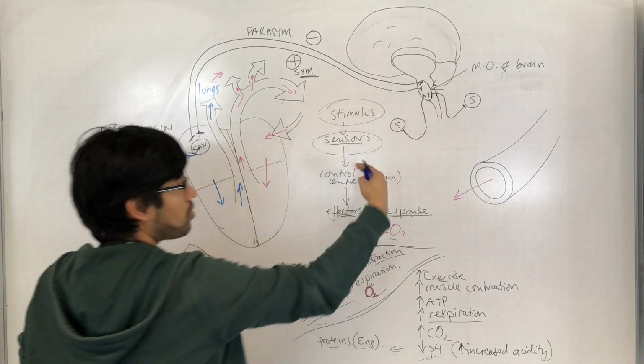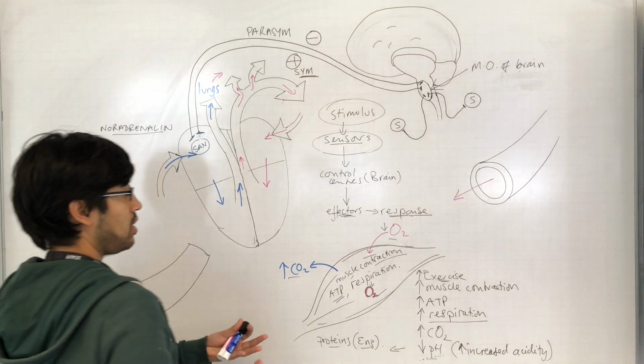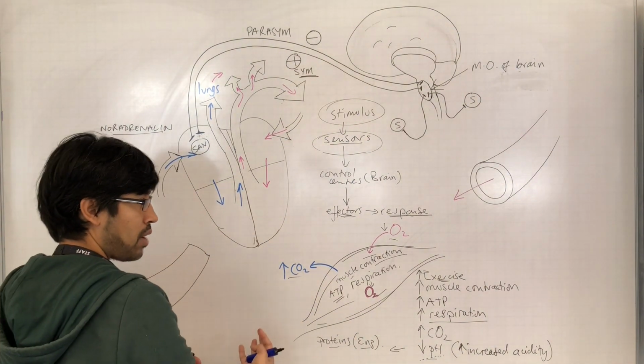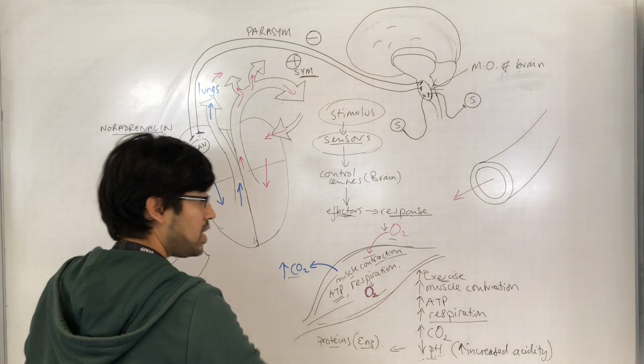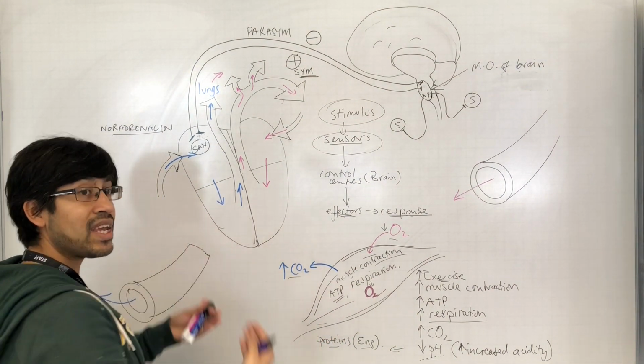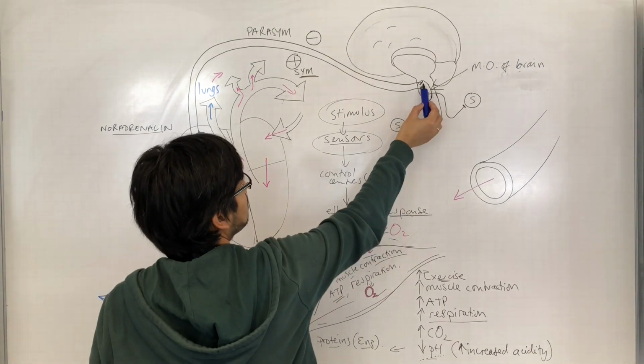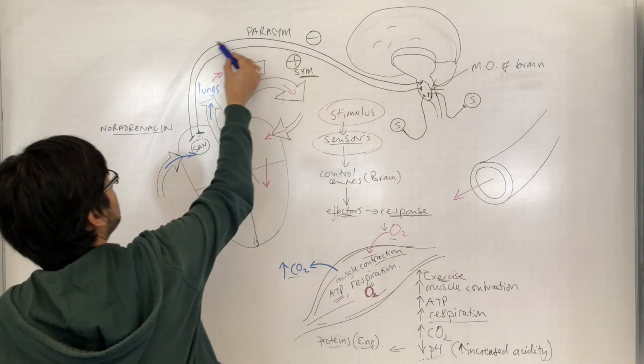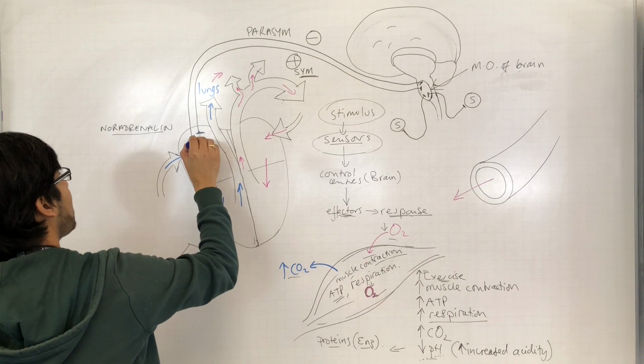However, if the medulla oblongata got different information, like the CO2 levels have gone down, the oxygen levels are going up, the pH is going up, so we need a lower heart rate now, in that case impulses would move down the parasympathetic neuron.